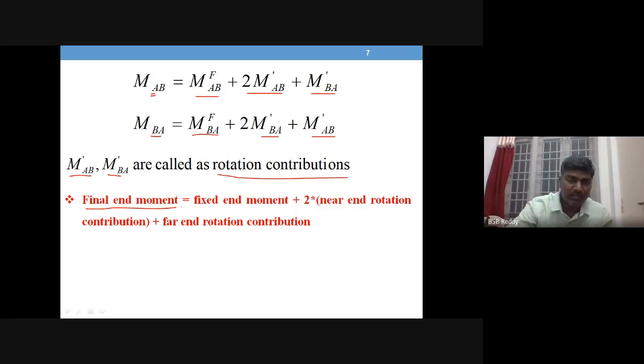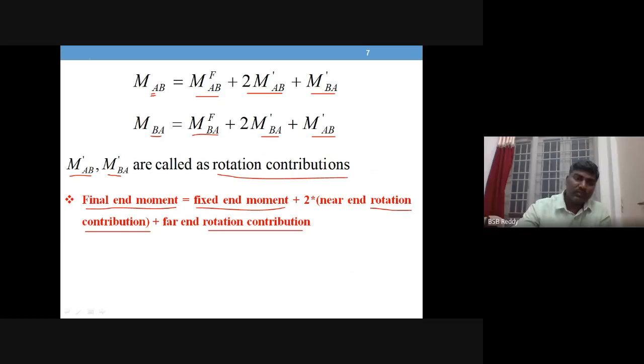So final end moment, if you write it as a sentence: fixed end moment plus 2 times near end rotation contribution plus far end rotation contribution. So you see that we are talking about rotation contributions. That's why the name is rotation contribution method, nothing but Kani's method.